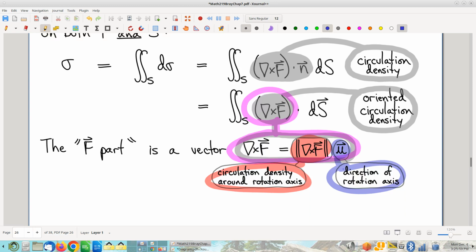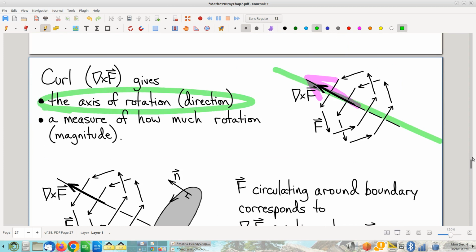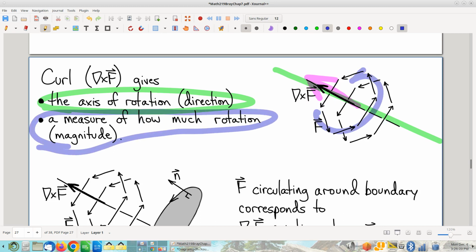All right, so to summarize, the curl points in the direction of the axis of rotation, and in some sense that I don't want to be too precise about, its magnitude tells you how much of a rotation of the fluid there is. So again, longer curl, more rotation, more circulation.